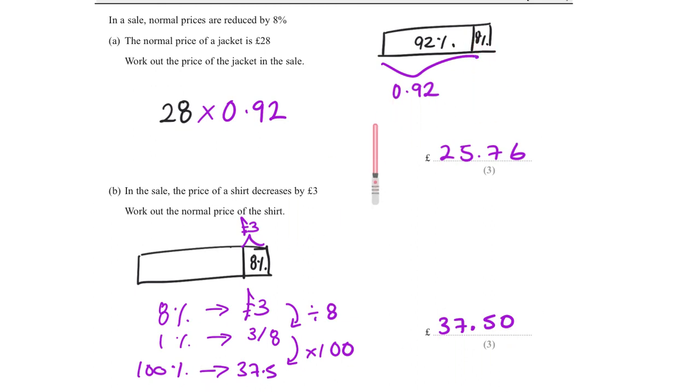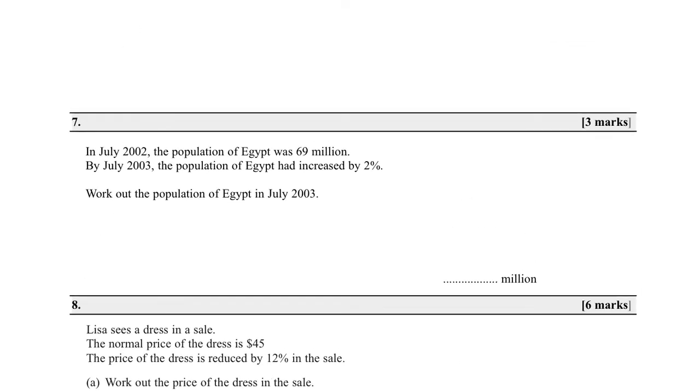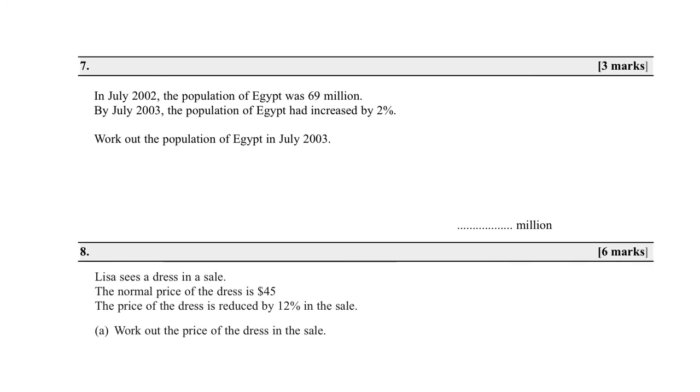So you can see once we do the bar model to realise what we're finding out, it's nice and easy to know which method is best suited. So, question 7, very similar to a question we've done. In July 2002, the population of Egypt was 69 million. By 2003, the population increased by 2%. So remember, we're going to have 100% plus 2%, which is 102%.